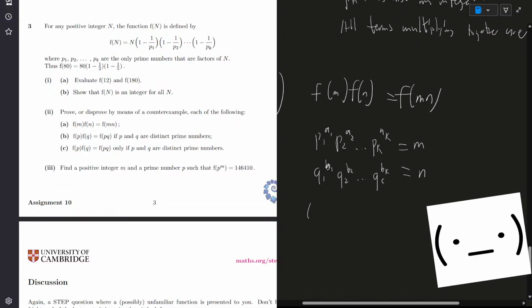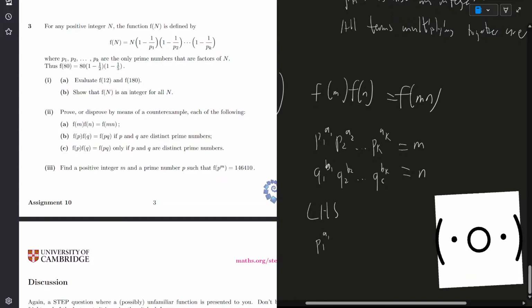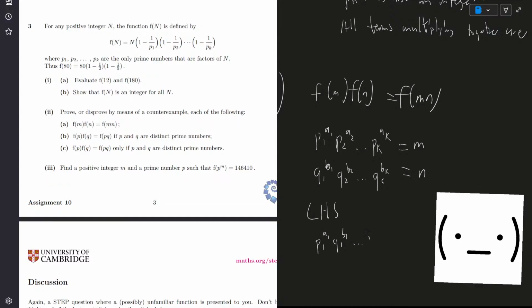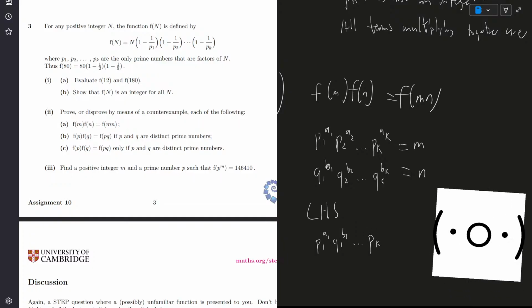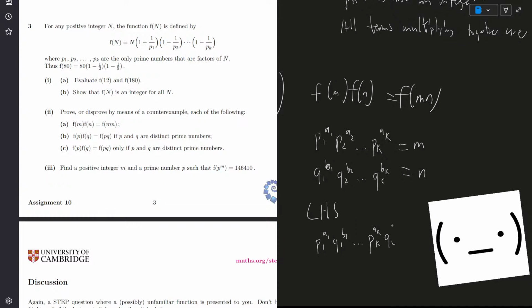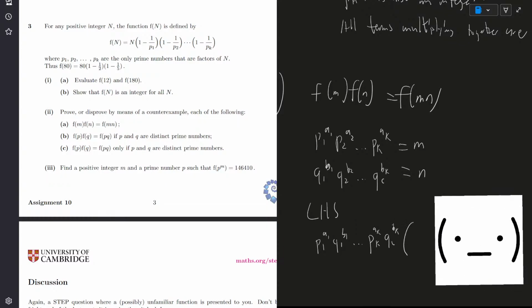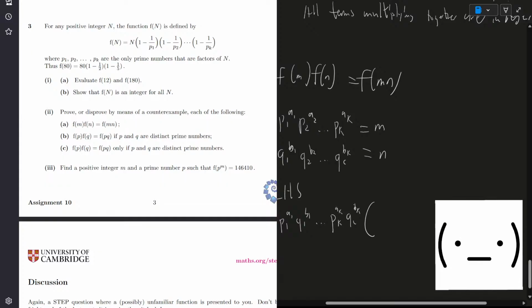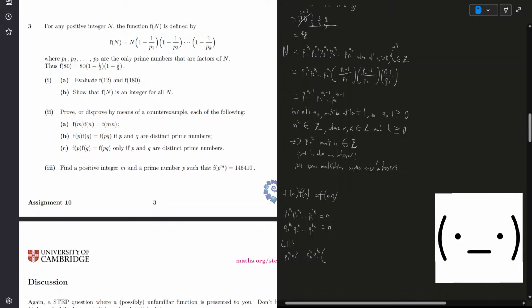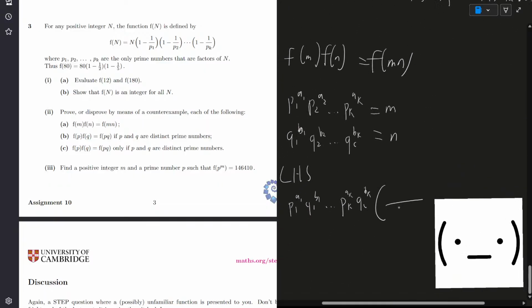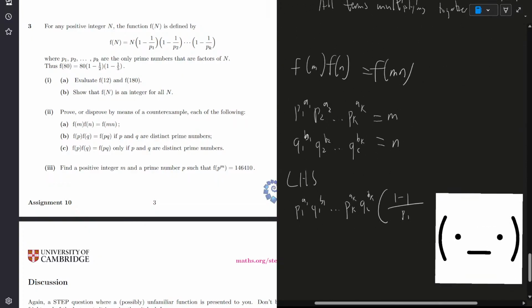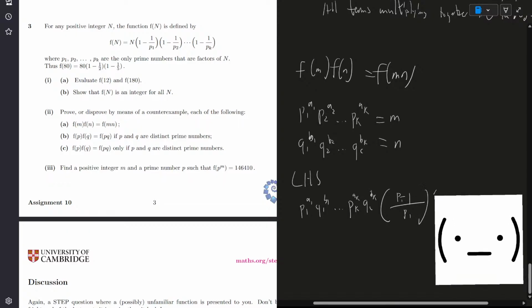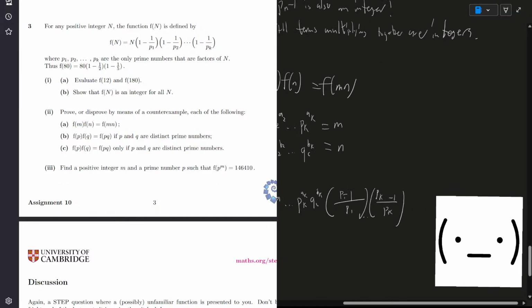So now one side, the left hand side, is this, so on until this, this, this, divided by this, one minus, oh, isn't this fun?